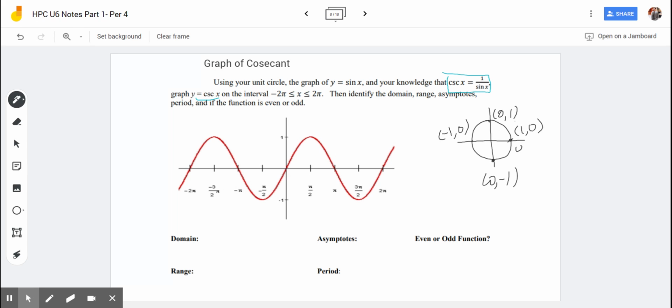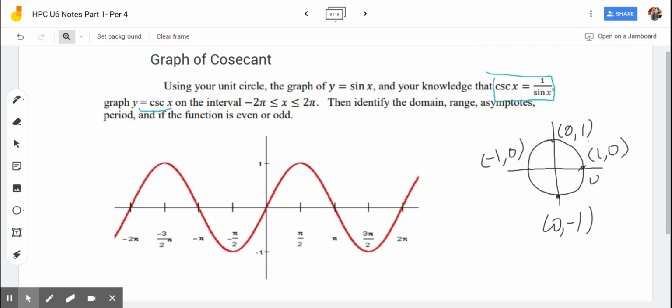This is at 0 radians, this is at pi over 2 radians, pi radians, and then technically 0 and 2 pi, if we go all the way around. And then this is at 3 pi over 2 radians.